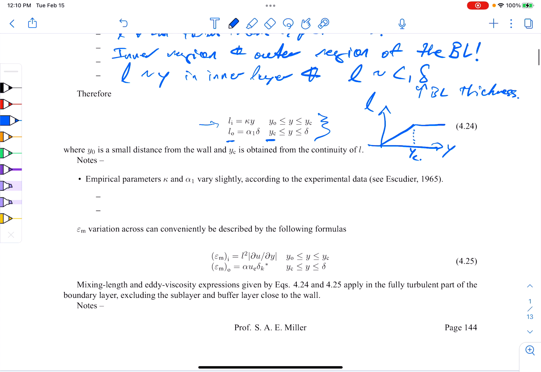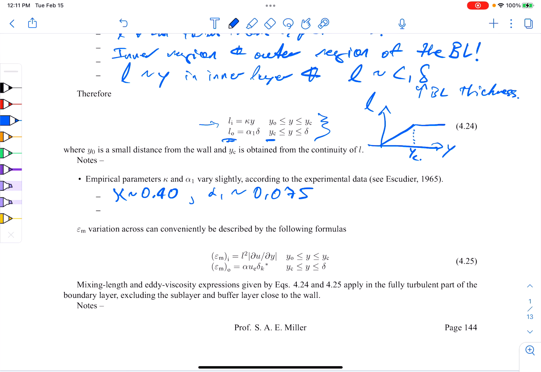So there are some thoughts about this. Generally kappa will be about 0.40, we're on that order of magnitude, and alpha from measurements should be about 0.075. So you see, just from measurements of high-speed subsonic compressible boundary layers, your length scale in practice is only about 10% of the total thickness of the boundary layer, which is pretty small.